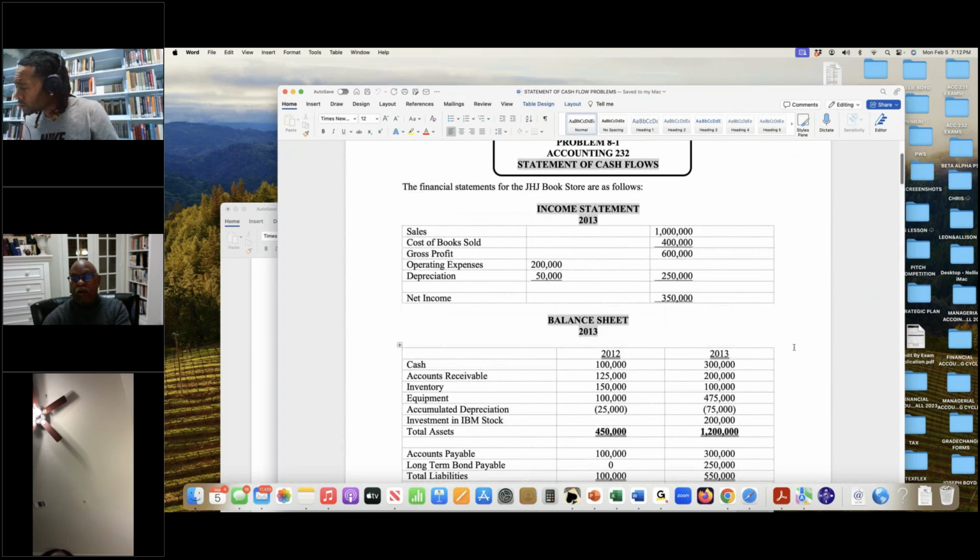So people working on problem one, where's accounts receivable going to go? Is it going in part one, part two, or part three? Part one. Is it a source or a use?